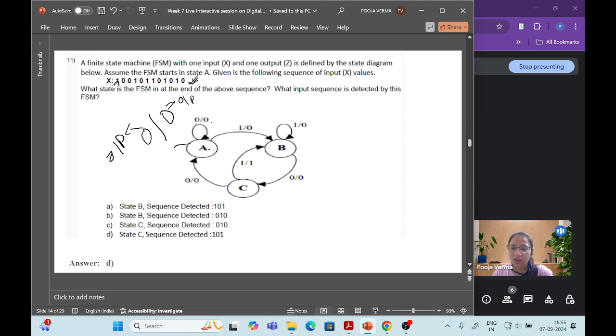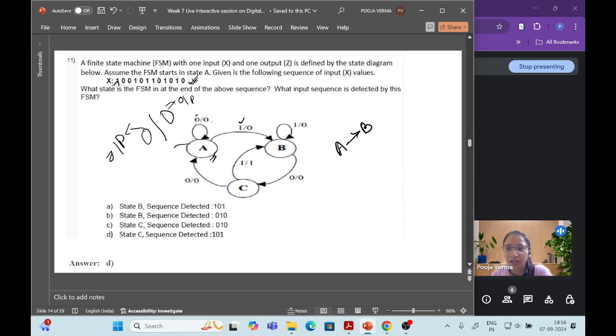So let's see, at this A state, when we give 0, then it remains in the same state, and when the input is given as 1, it will change state from A to B. So first here the input is 1, so it will change the state to B. Now when it reaches B, the next input applied is 0. In state B, when the input is 1, it remains in the same state, and when we apply 0, it will change its state.